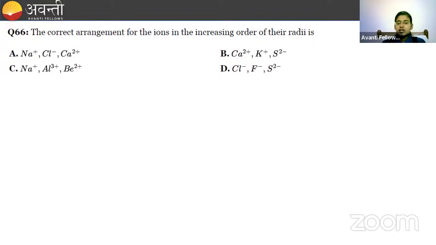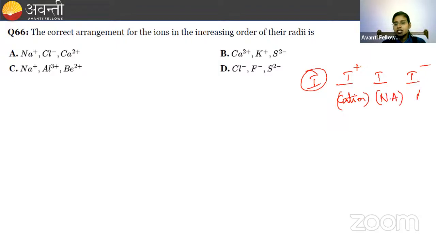For example, let me take iodine: I plus, I, and I minus. The atoms are the same, but the ions are different. One is the cation, the central one is the neutral atom, and the third is the anion. If I compare species like this, the anion will be bigger in size compared to the neutral atom, and the neutral atom will be bigger in size compared to the cation.